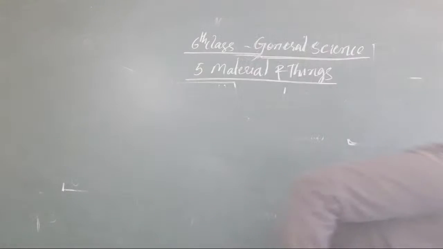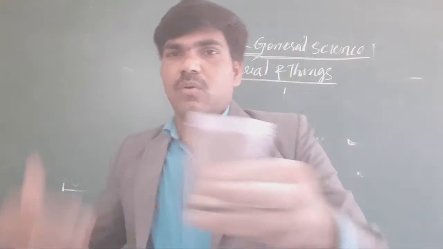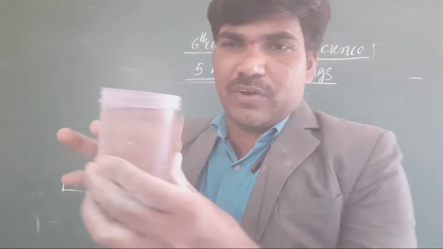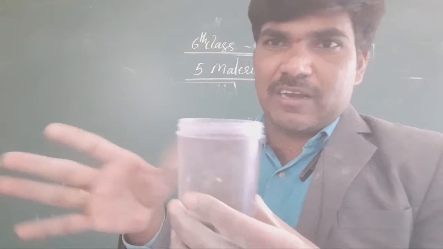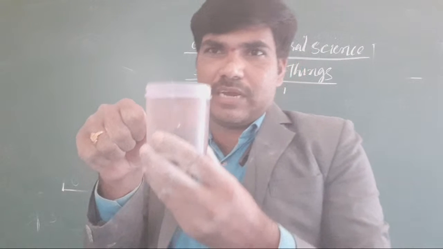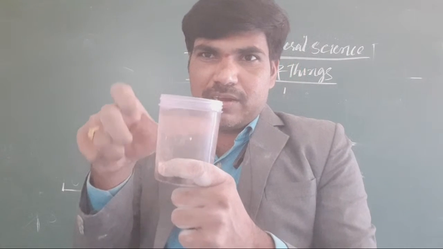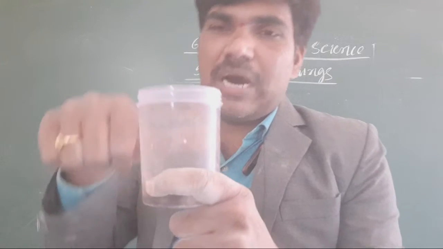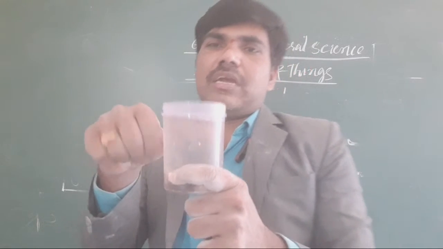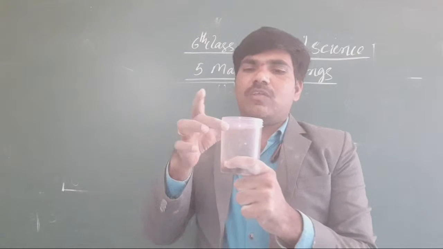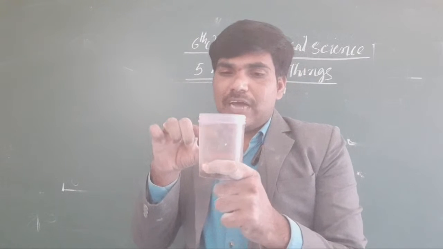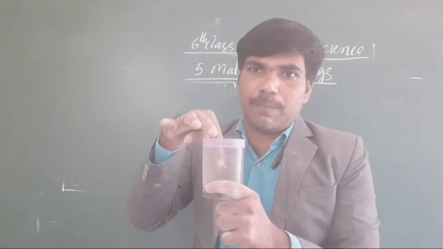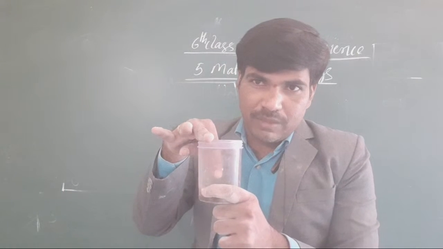Suppose you take this water and look through it, my hand appears or not? Yes, it appears, not this clearly, but somewhat it appears. Not totally, only partially appears. That is called transient media. Now this plastic bottle and this water together work as a transparent body.